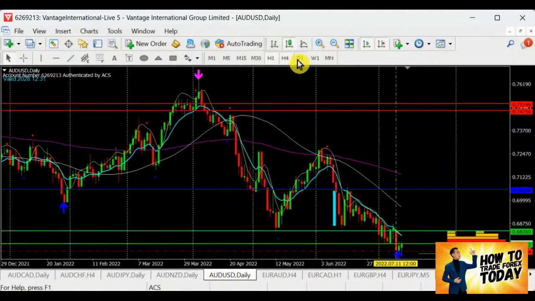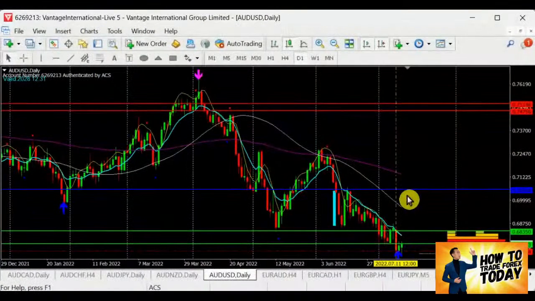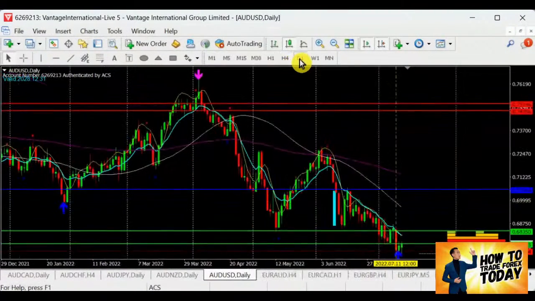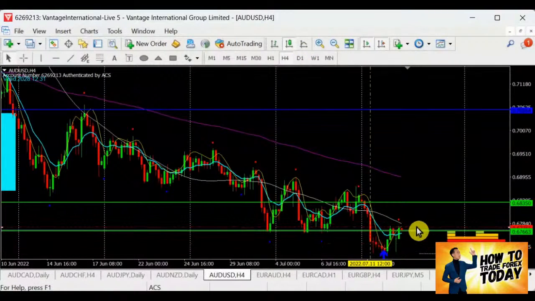So Aussie dollar. Let's take a look at Aussie dollar. Yes, we have been selling for quite a while, since March until now. Now we are coming into a retracement again after it tested the support, which is not breaking out as well. So I'm going to leave it alone. I'm waiting for a resistance like now over here.